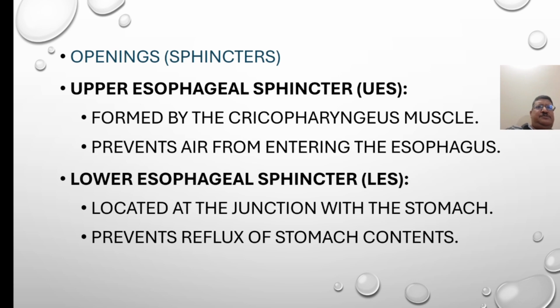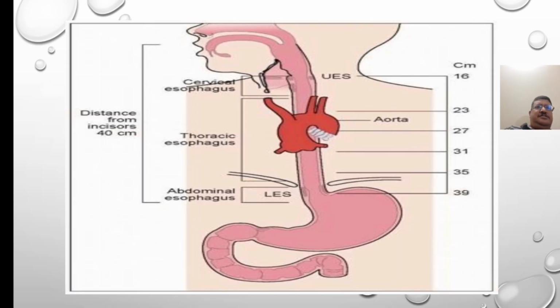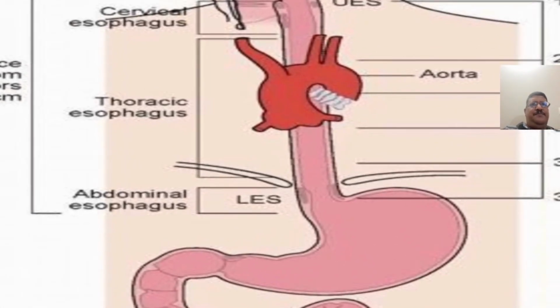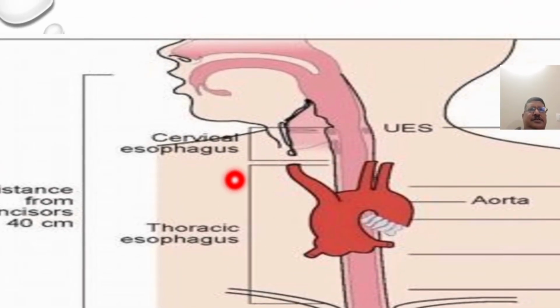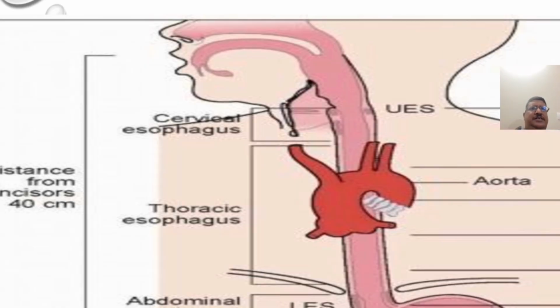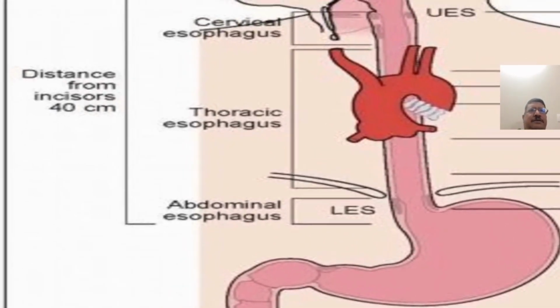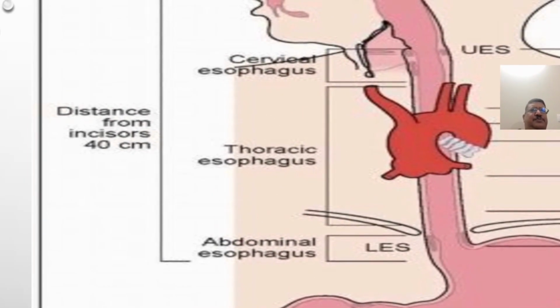The lower esophageal sphincter, LES, located at the junction with the stomach, prevents reflux of stomach contents. So this is the structure of the esophagus. It is 25 centimeters: cervical esophagus, thoracic esophagus, and then abdominal esophagus.